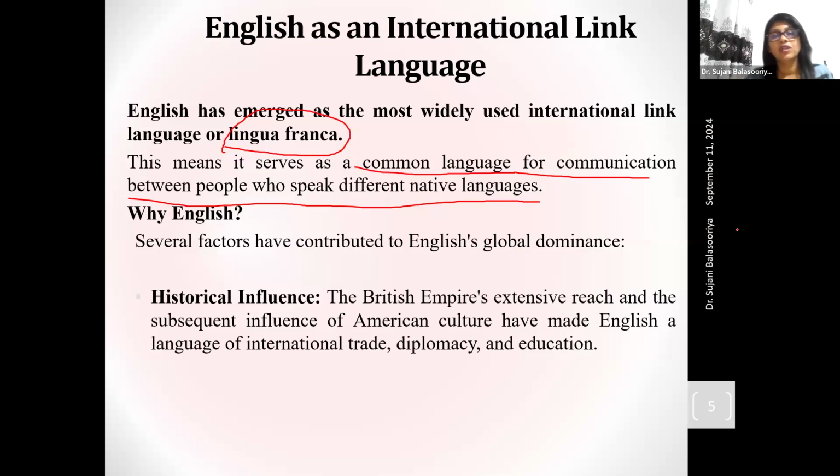Now, you know, English is dominating in the world, right? When we are talking about the languages used in the world, English has a top place now. We say English is the international language. And do you know about any other language that has that status? Like international language, I mean, any language that is being treated as an international language?